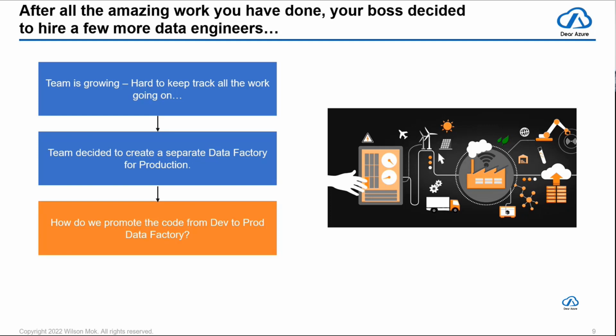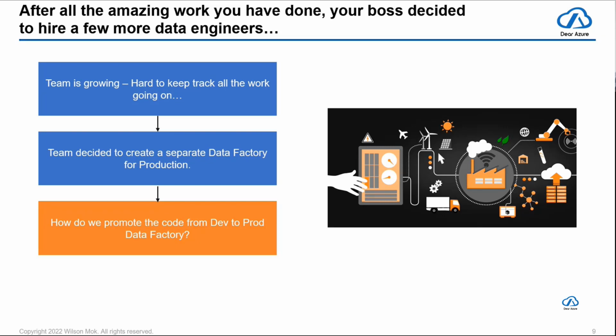So one way to deal with that is to separate the development data factory from the production data factory. And the benefit of that is now everything in production will be much more tightly controlled, and it'll be separate data factory resources that will prevent any accidental changes from happening.